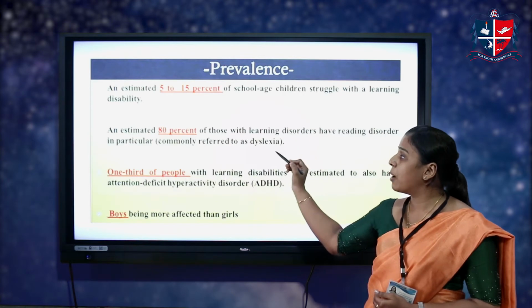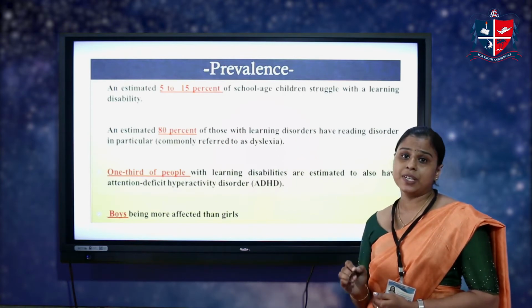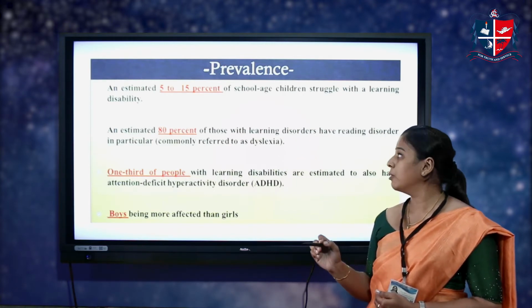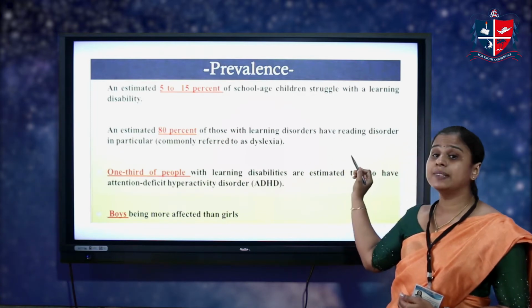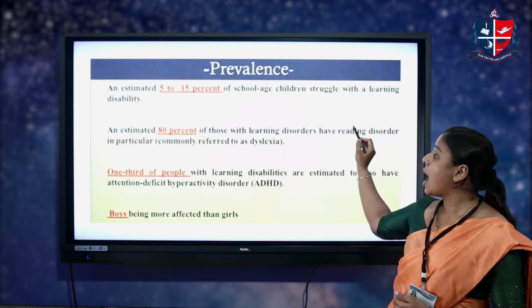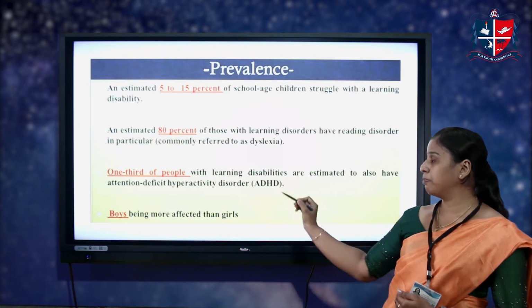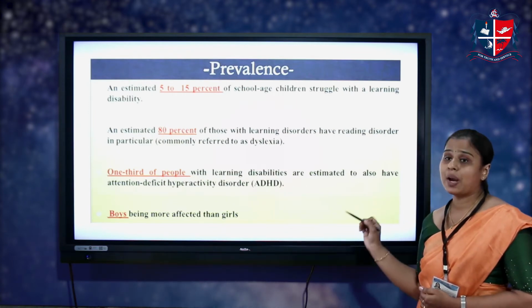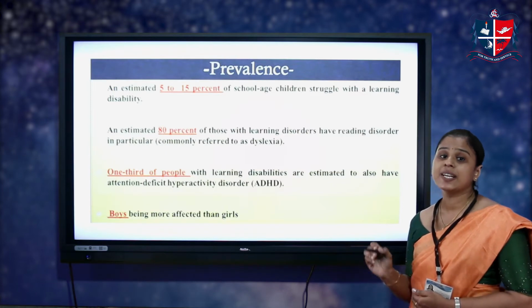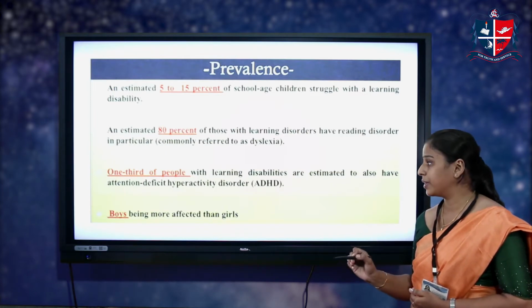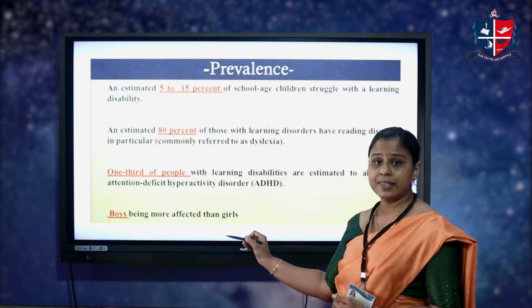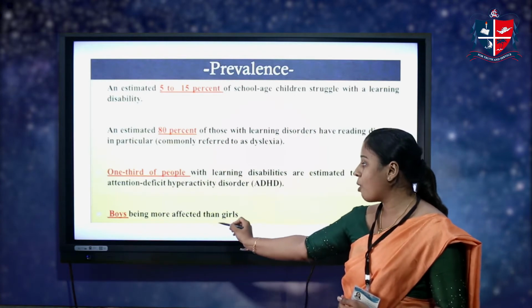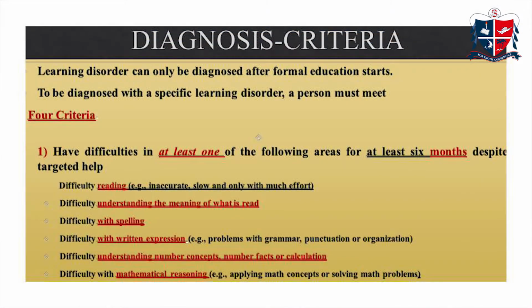About 80% of the people were found to have disabilities in reading. One third of the people with learning disability are estimated to have attention deficit hyperactivity disorder. It also says that boys are more affected than girls.